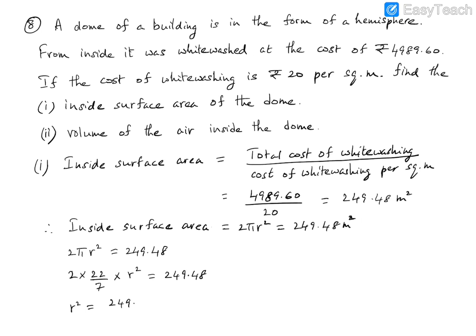So r square will be 249.48; when we take the 7 to the other side, it goes to the numerator, and the 2 and 22 come to the denominator. That's 2 into 22 in the denominator, and we simplify this to get the value of r square, which happens to be 3969 divided by 100.